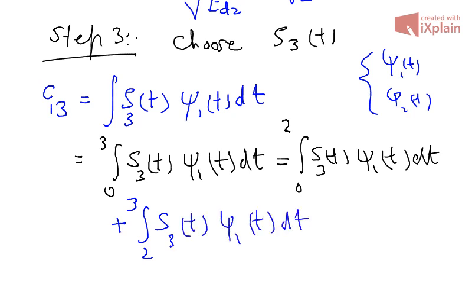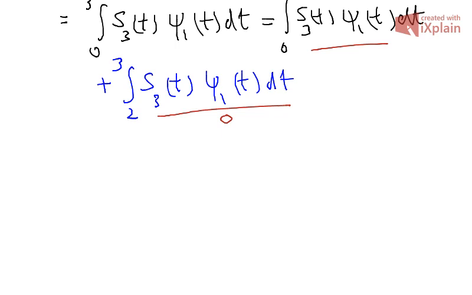This would not give us a value. This integral would be 0 because psi 1 is 0 here. So you would get a result only from the first integral. So let's solve this integral, which would give us a value.